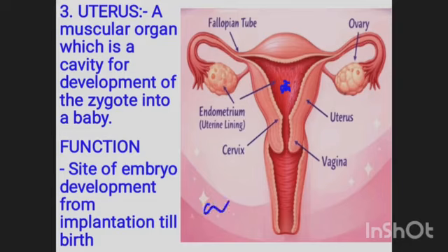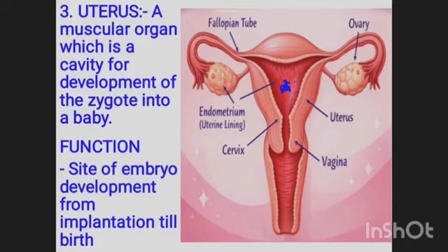It's called womb, or you call it what? Uterus. What is the function of this? The function is that it is a site of embryo development. The embryo, which is the fertilized egg, will develop, and become a newborn baby.